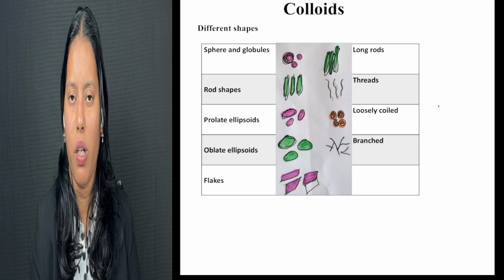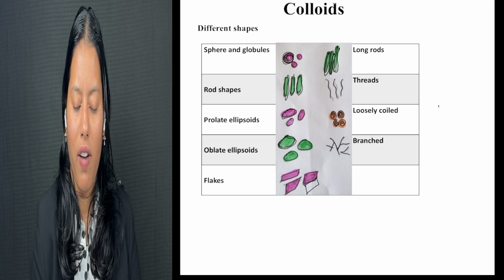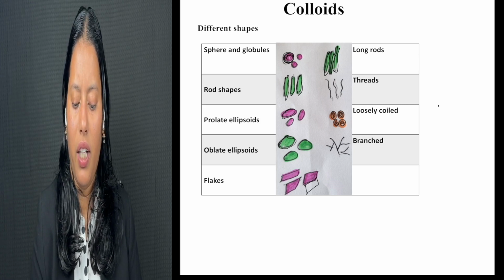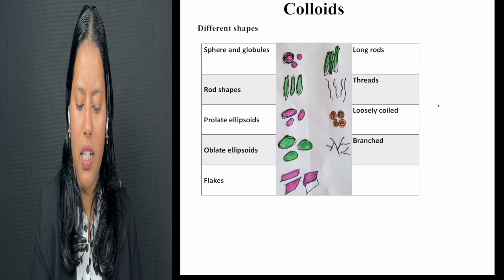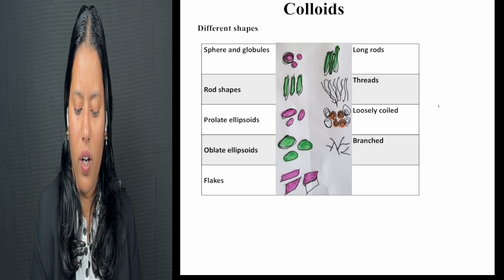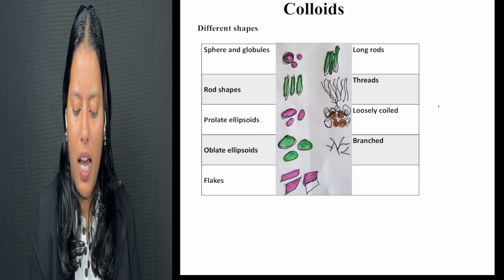There are flakes of sodium hydroxide. And various waxes which are also flaky in nature. Then you have the long thread-like structures, which are very thin threads. When these threads are coiled, you can say it is loosely coiled. And the branched, like you have branches to the main part.